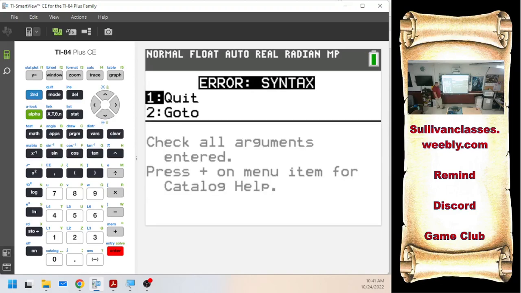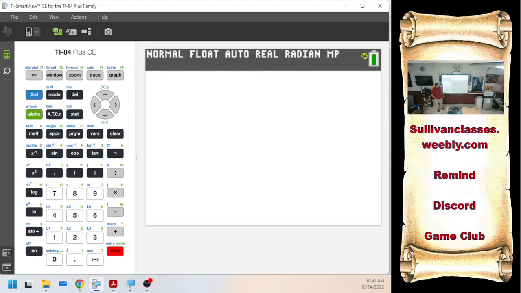In this case, nothing. Like, bud, what are you doing? Error syntax. Syntax is the way that you typed it. I say go to and it says, yo, bud, you can't do that. Okay?